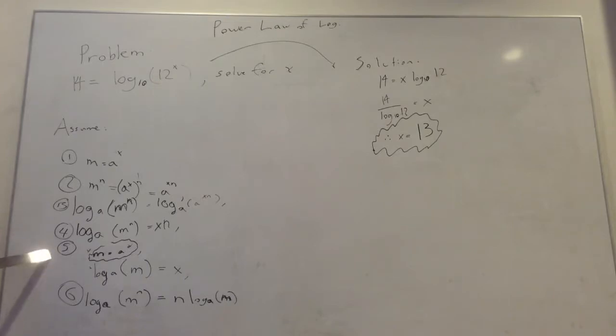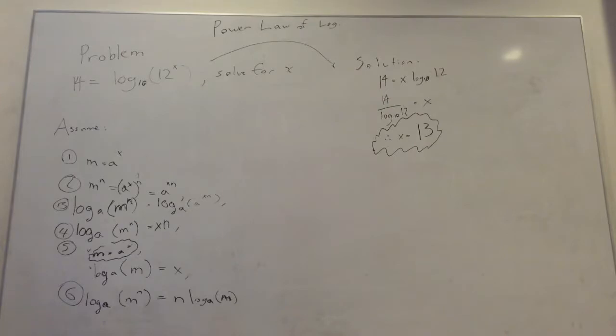Now, by rearranging the first equation, we are able to understand that log base a of m is equivalent to x. Through substituting the fifth equation into the fourth equation, we get log base a of m to the power n equals n times log base a of m.